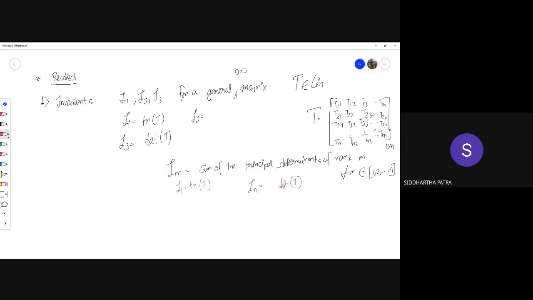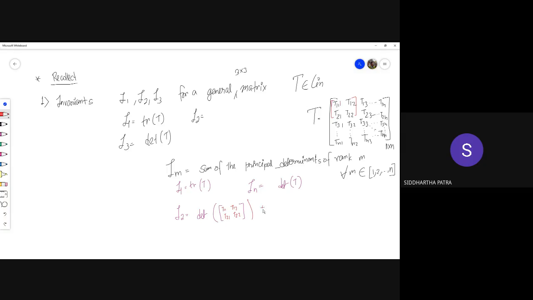Ideally, it should be done n times. But let's say I want to talk about I2, then the sum would be the determinant of this portion: T11, T12, T21, T22.